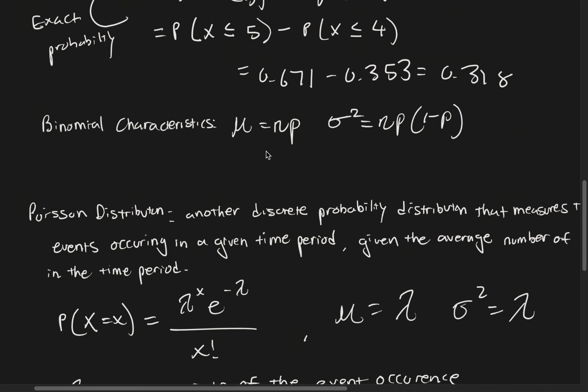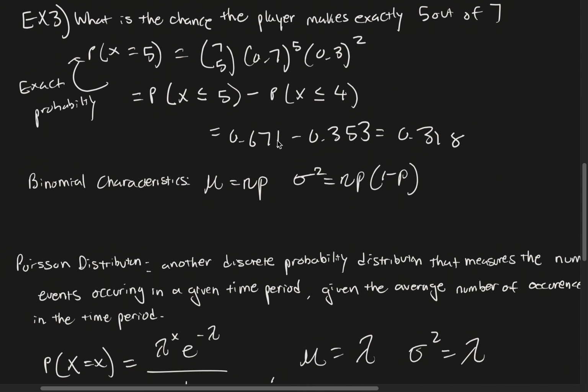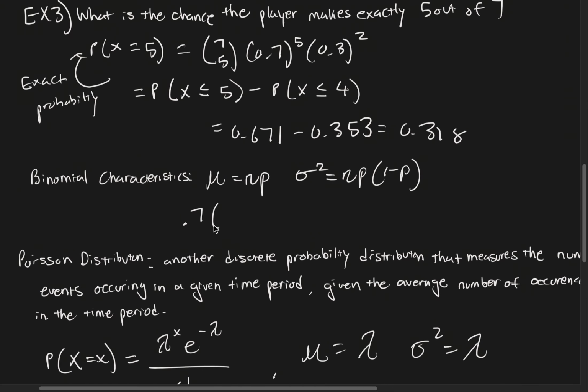And then again, some useful characteristics. The mu of the binomial distribution is given as just the sample size times the probability of success. So in this case, 0.7 times 7, or 6. We'll just say 7.